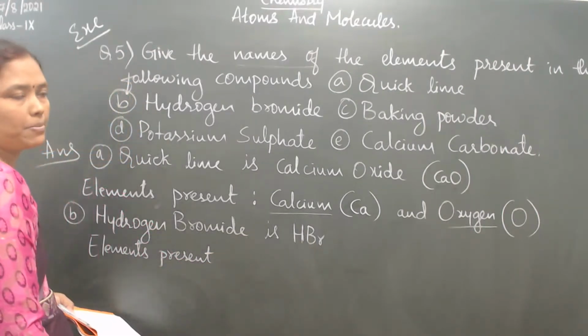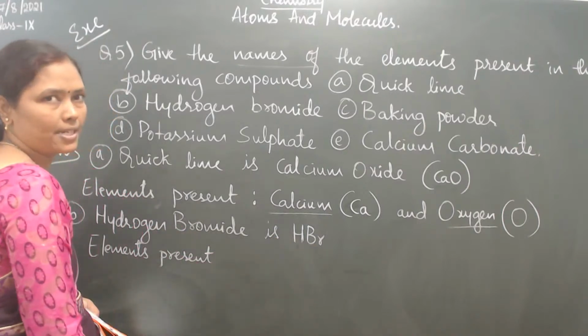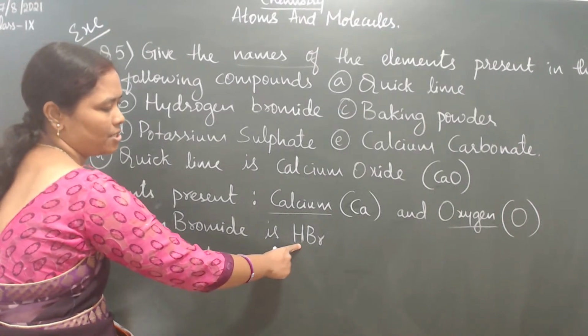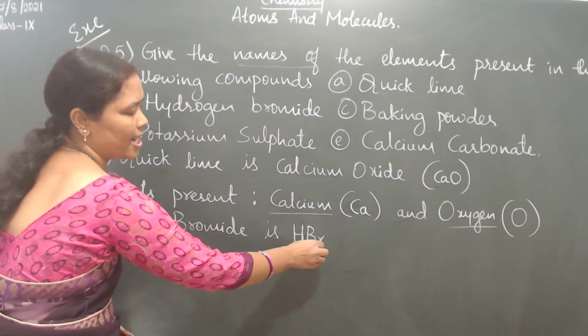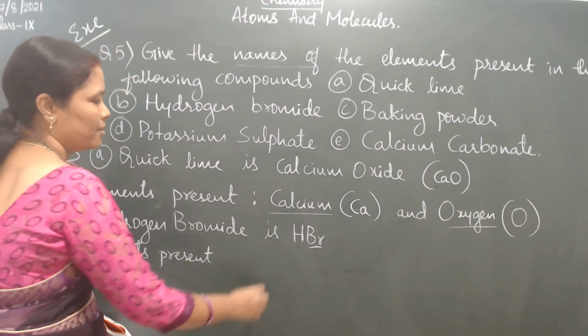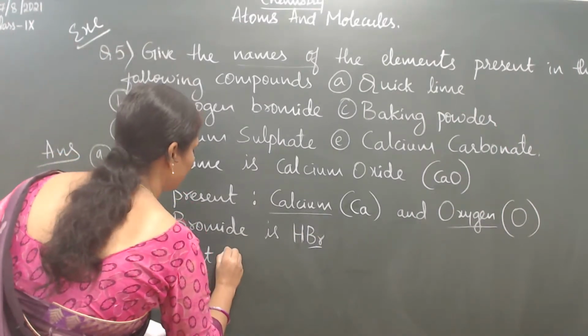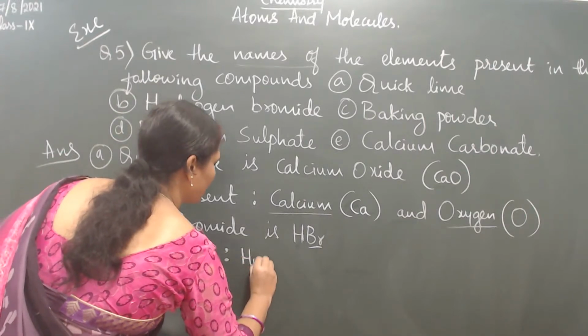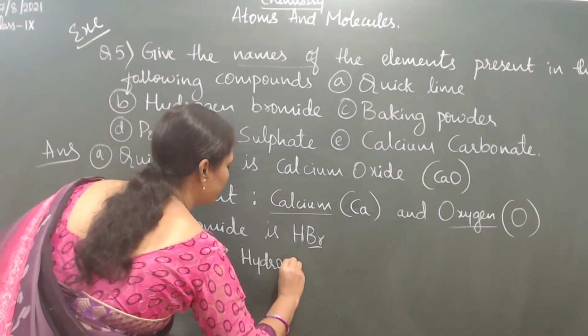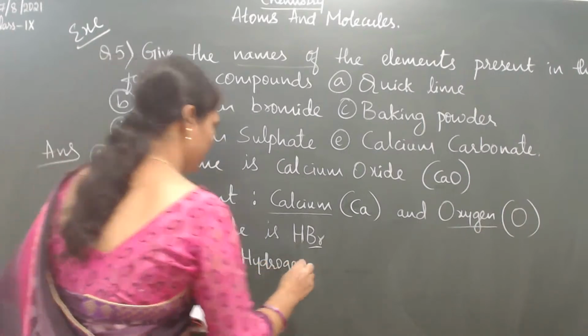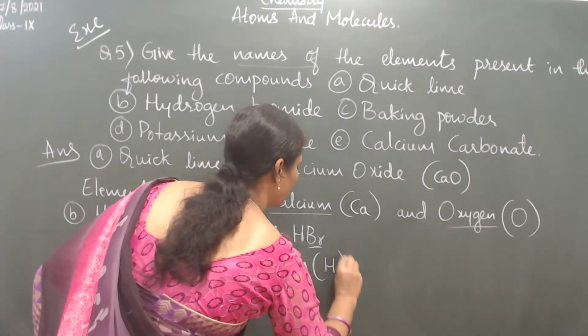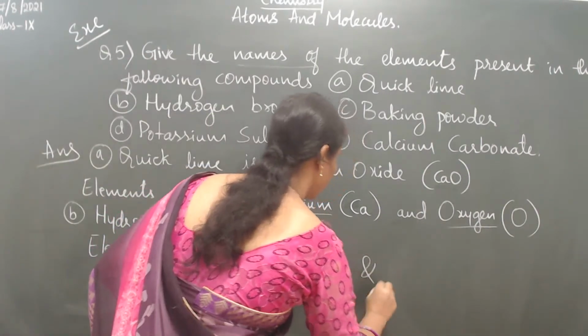How many types of atoms of the elements are present here? Two, that is H and Br. Br stands for bromine. Okay. So hydrogen and bromine.